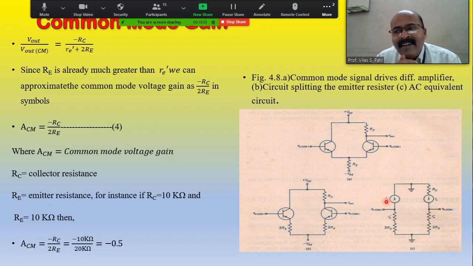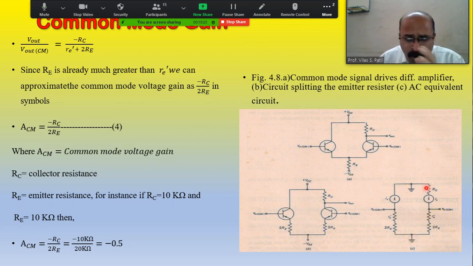In the AC equivalent circuit, the collector current will be shown by the direction and the emitter resistance will be shown by r'e. This is the collector current through RC, shown downward, then VCM, then r'e, and then 2RE, and again to ground.